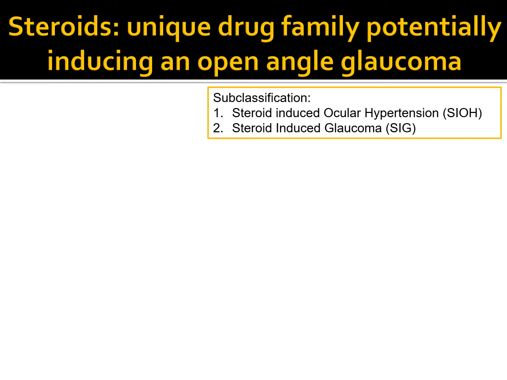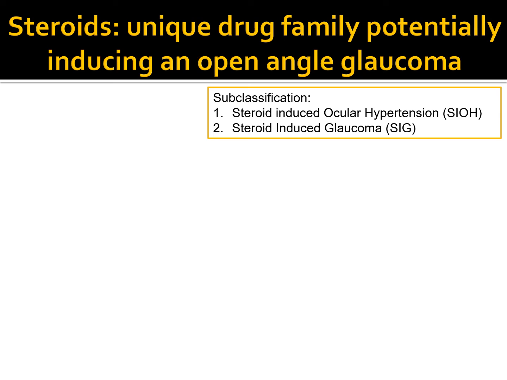And I want to start with steroids. These are a unique drug family because they're the only drugs that can induce an open angle glaucoma. And like so many secondary glaucomas, which we'll come on to shortly actually, they subclassify them. They have steroid-induced ocular hypertension and steroid-induced glaucoma.